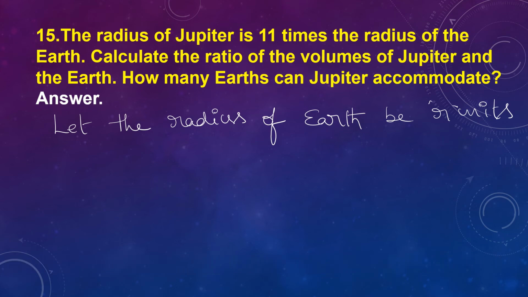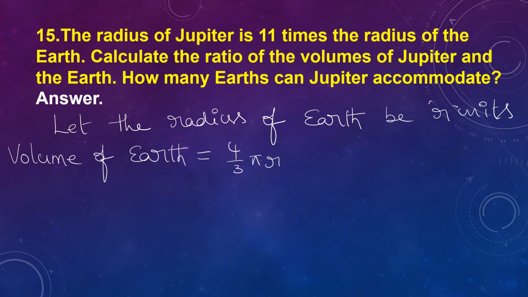So the volume of Earth is 4 by 3 pi r cube cubic units. Now, in this question they have given the radius of Jupiter as 11r.